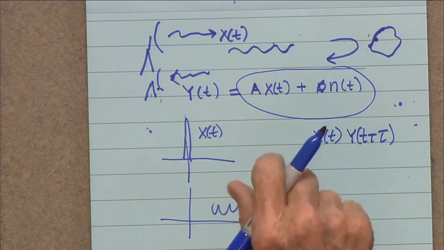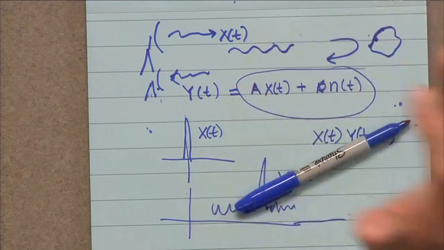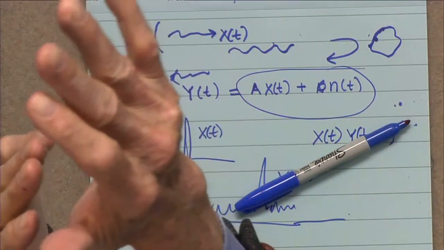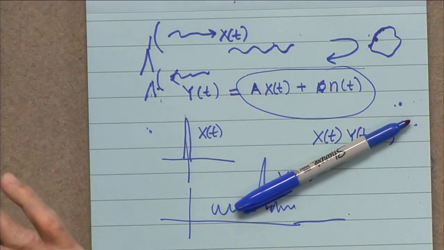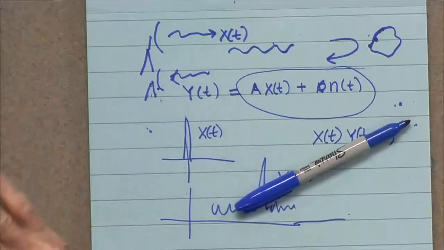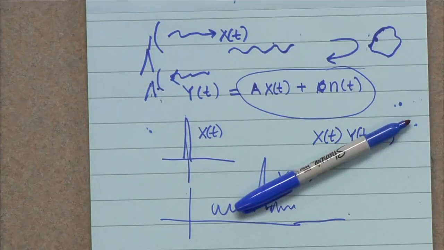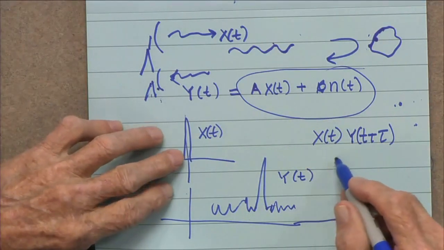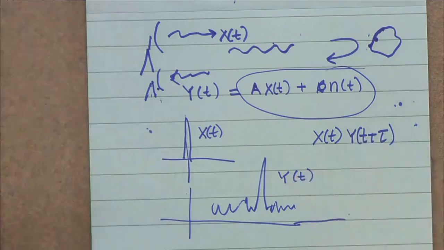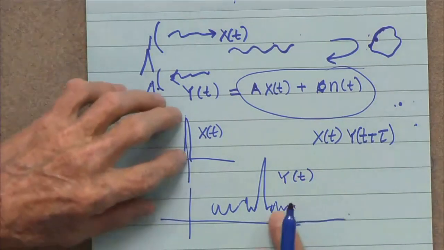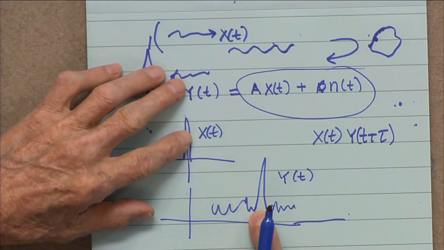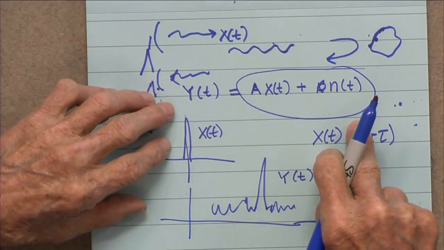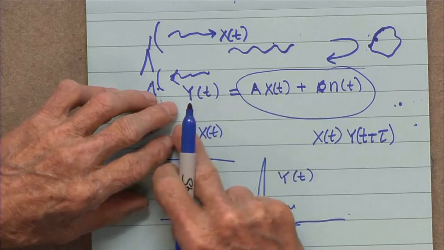So I take that data as a function of time, and I'm receiving something, a function of time, and I do a correlation between the two. The computer has to be pretty fast, right, to keep track of that. And so what happens coming out of the computer, the thing peaks up at tau. How long it took to send it, how long to come back.